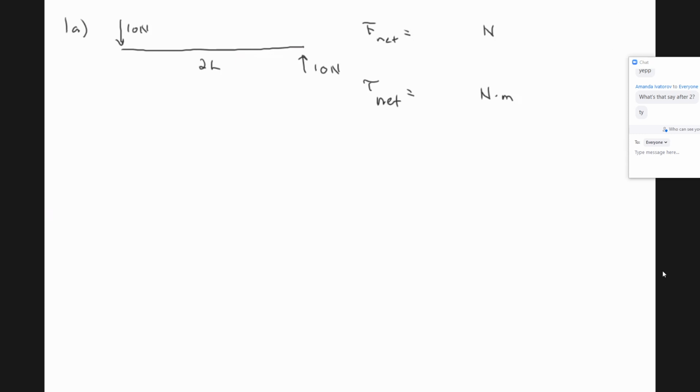What's my net torque? So we have a force on one end pointing down, and on the far right end, it's pointing up. On the left end, it's pointing down. On the other, it's pointing up. So are we going to have a net force on here? Or are we going to have a net torque on here? And then what type of equilibrium do we have in this scenario?